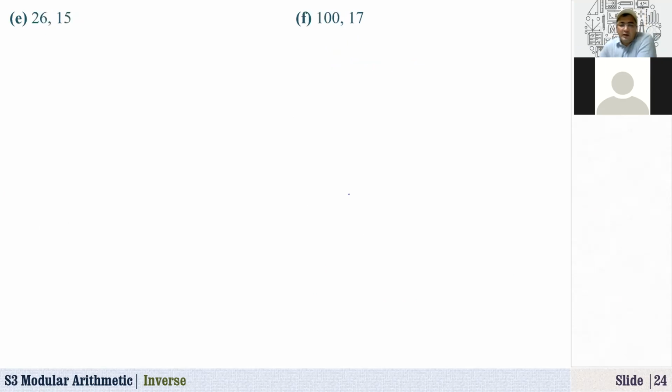And how about 117? Number 1, the highest common factor is 1. This is just the last example. And number 2, we need to find phi of n. So 100, we can write it as 2 squared times 5 squared.